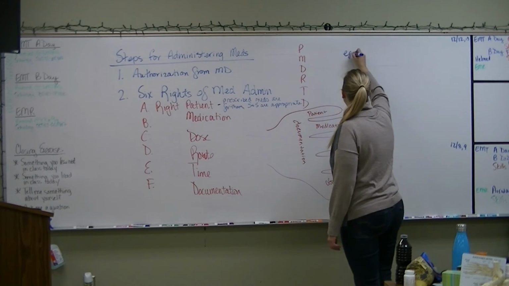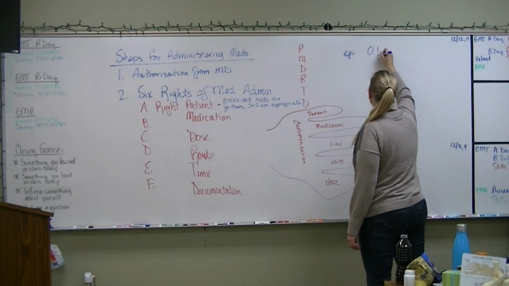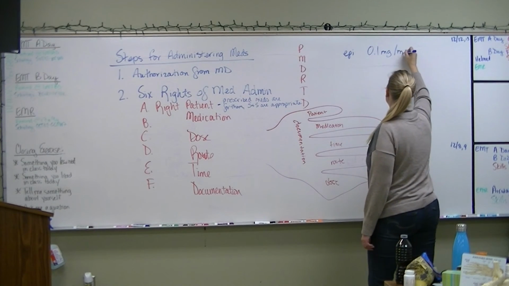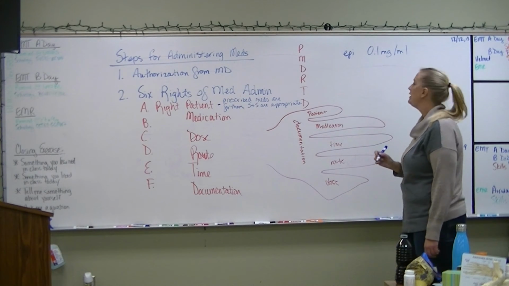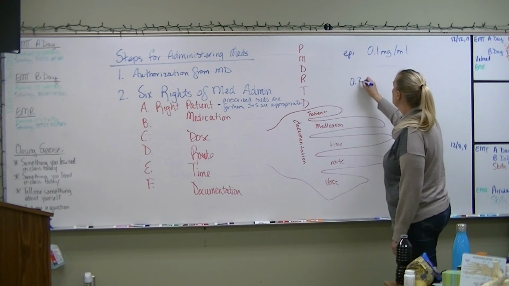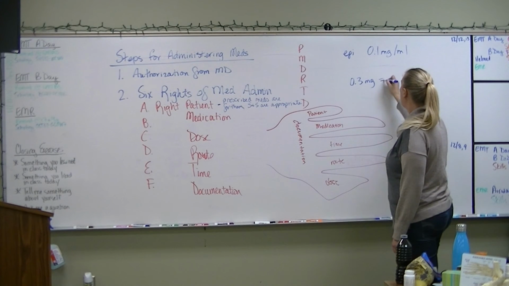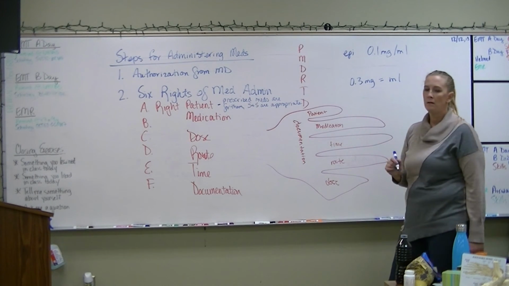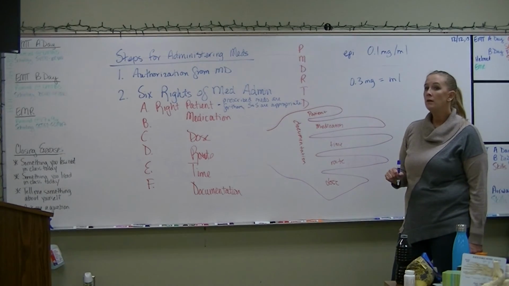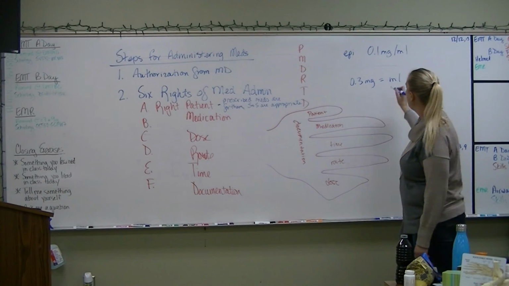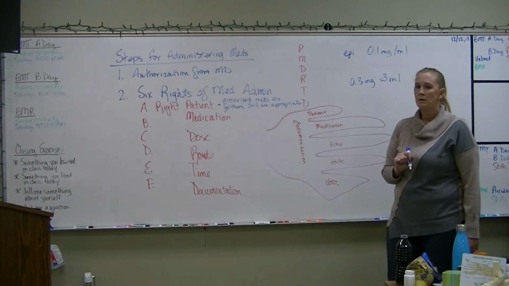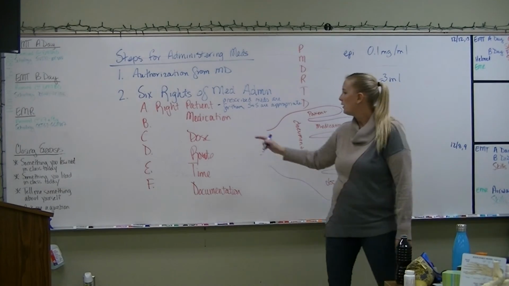Your epi is 0.1 milligrams per milliliter. You need to administer 0.3 milligrams. How many milliliters is that? 3 milliliters. You need to be able to figure that out so that we can get the correct dose.